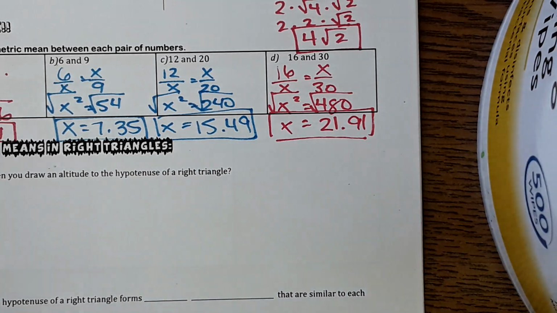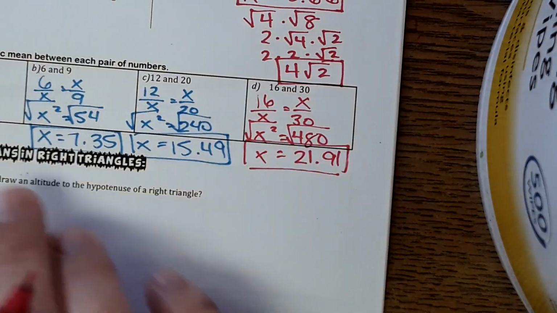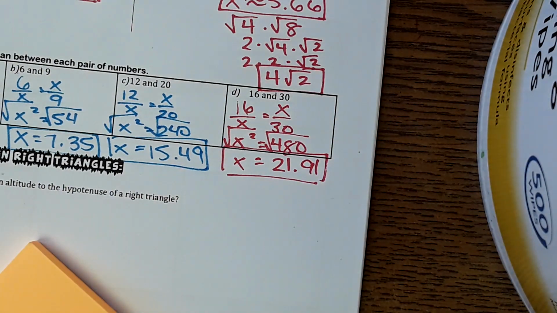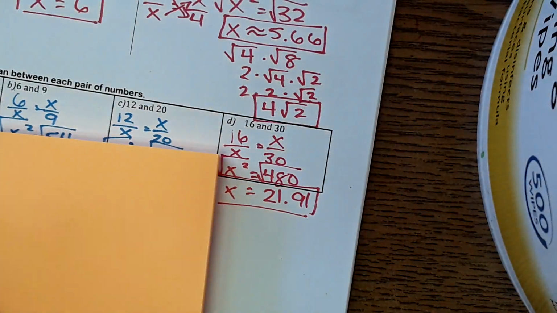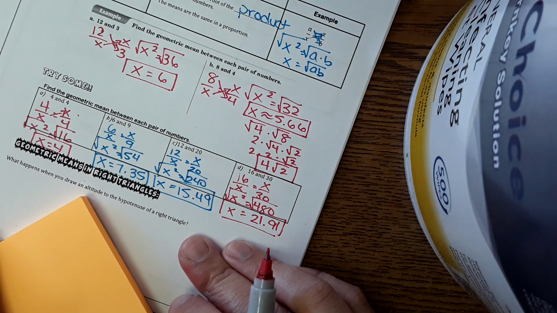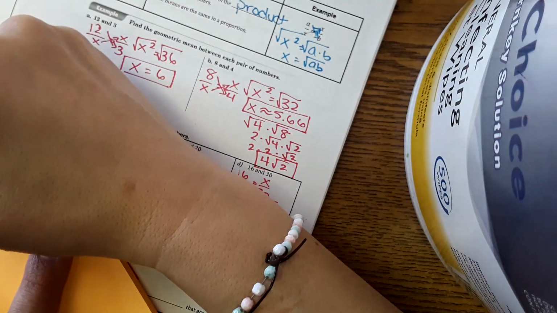So it says right here, what happens when you draw an altitude to the hypotenuse of a right triangle? Okay, so I'm going to draw a right triangle here. I'm going to use something with a 90-degree angle, like Post-it notes, to do this. You could use maybe your ID. I'm just drawing a right triangle like this.